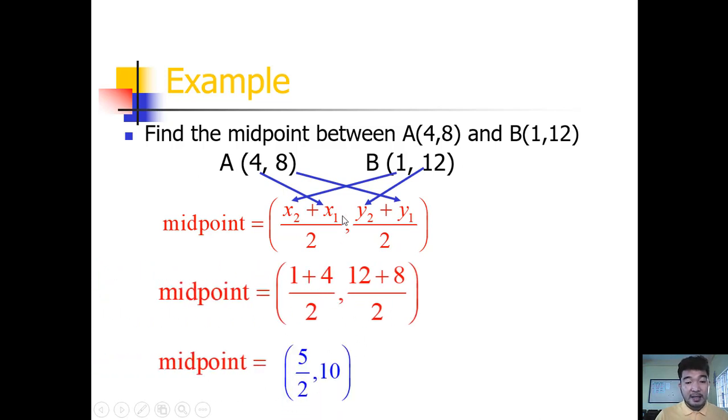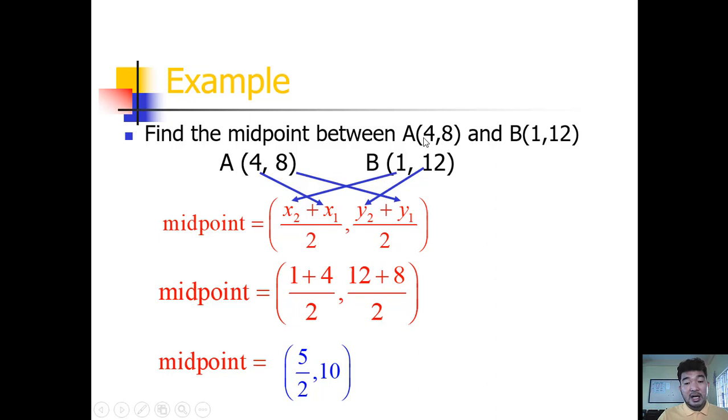And then yung isa naman, i-add mo lang yung dalawang y. 8 plus 12 is equal to 20. 20 divided by 2 is 10. So the midpoint is 5 halves, 10. Or, you may simplify 5 halves by 2.5. So, pwede siyang 2.5, 10. That's the midpoint of these 2 points, 4, 8, and 1, 12.